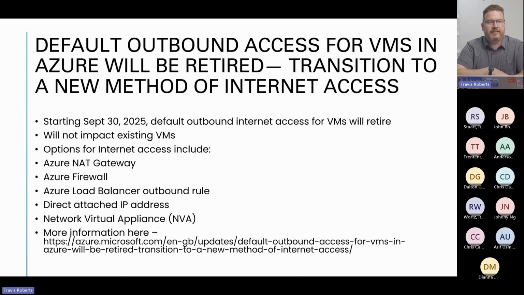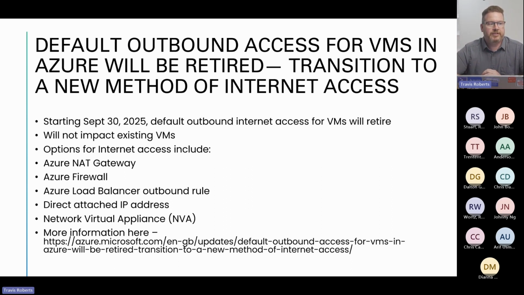And this is significant, and this isn't just for AVD, but for any Azure virtual machine. In Azure, you can spin up a new VM and just attach it to a network, and it gets internet connectivity. It uses default outbound internet access. There are different settings that will dictate this, but at the end, if you don't configure anything, you'll still get internet access.